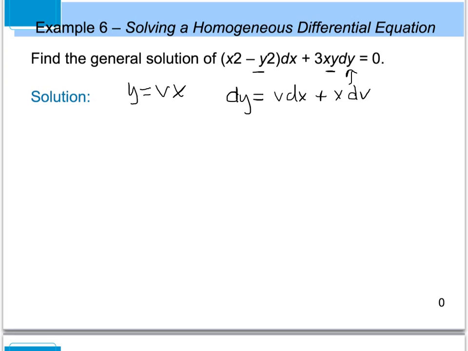So now I know I can substitute vx in for every y, and for dy, I'm going to plug in this v dx plus x dv. So let's go ahead and do that here.